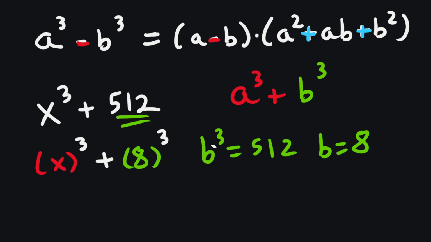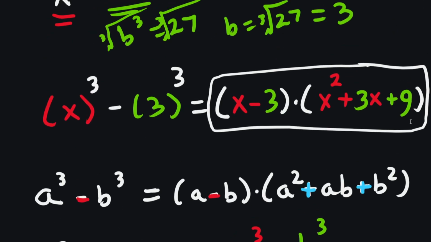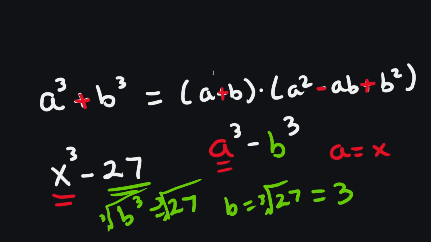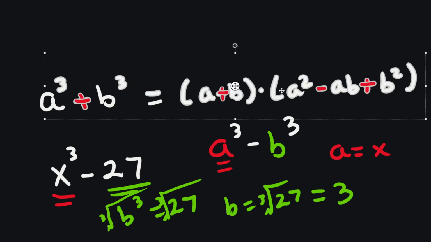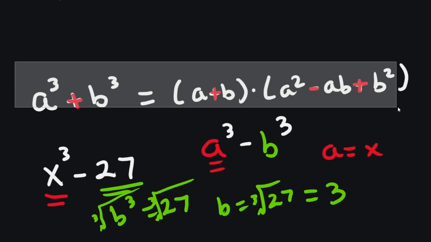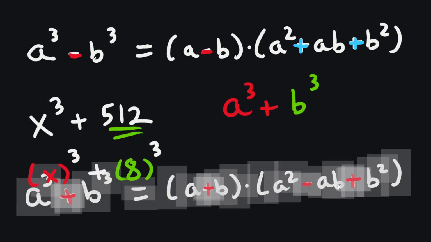Perfect. So we have our a and b. So let's go ahead and start to factor this. Let's pull the same formula up here so that we know how to factor this. And let's put it down here.